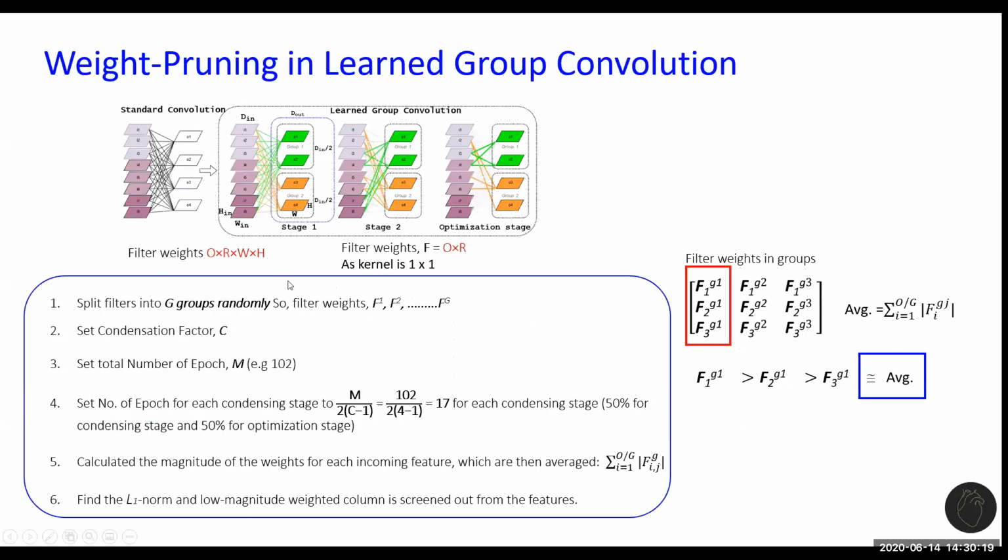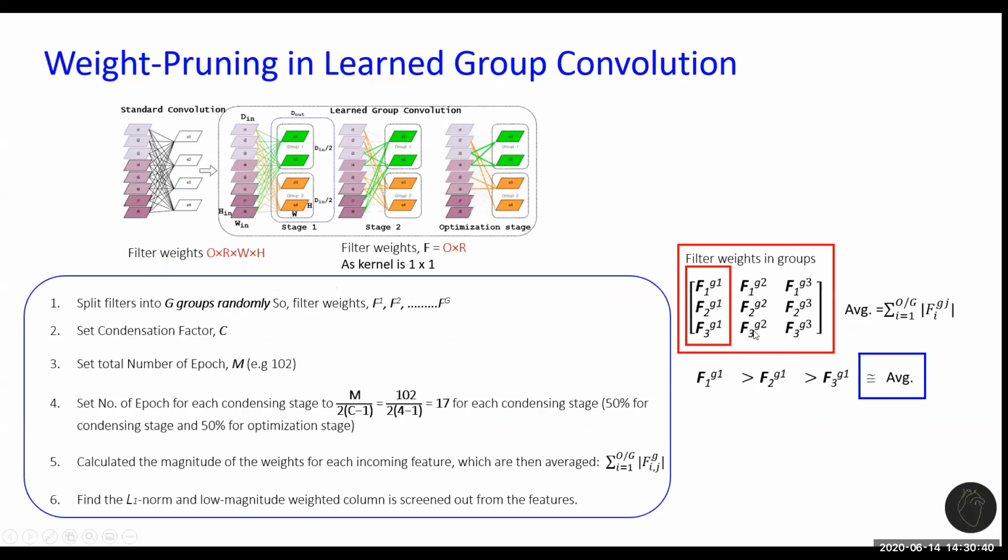To start this process, we had to select some predefined parameters such as condensation factor and also the number of the epochs. And when we are done with those selections, we calculate individual filter weights for each of the connections for each of the groups, and then put those weights in a matrix, with each column for each of the groups.